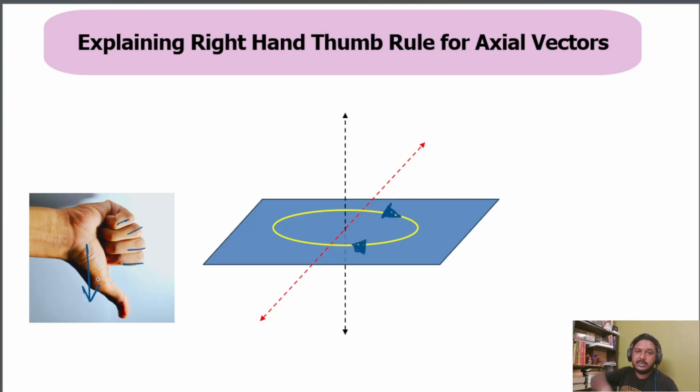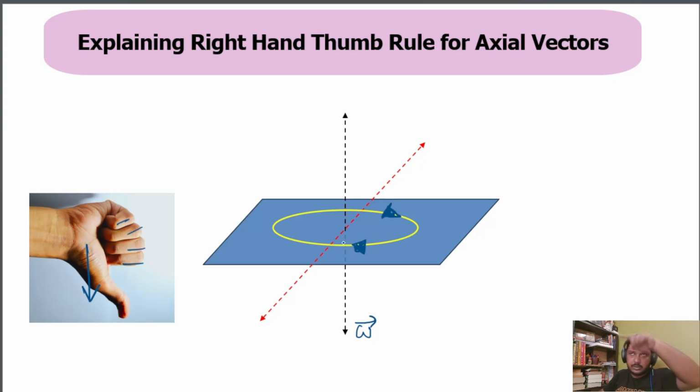If you curl the fingers, the thumb will be pointing downwards, and this will be the direction of the angular velocity. So if you see from the top, the object is rotating in the clockwise direction, the angular velocity will be in the downward direction.